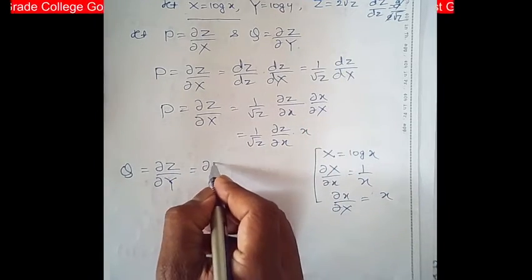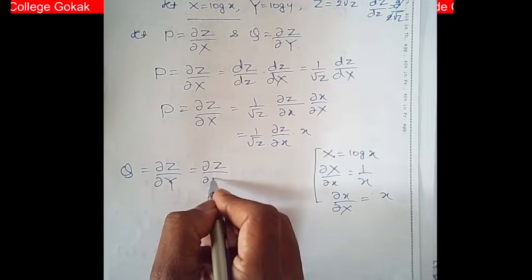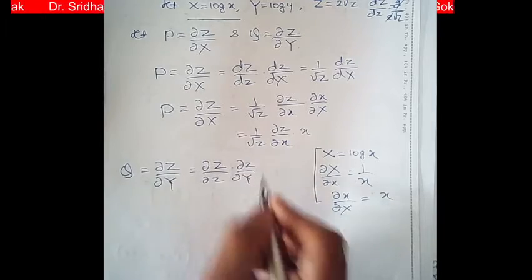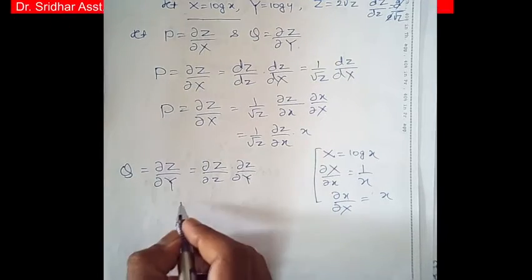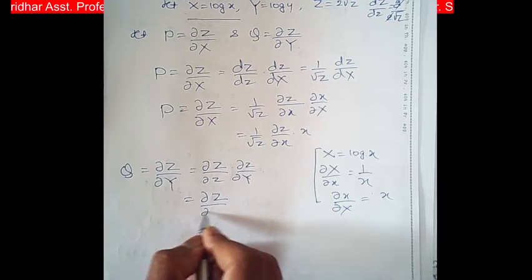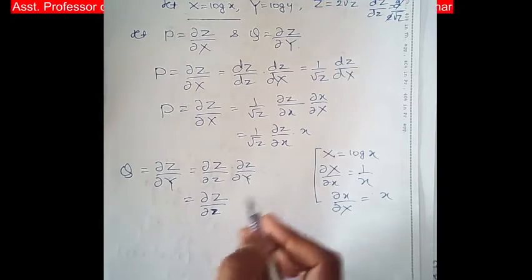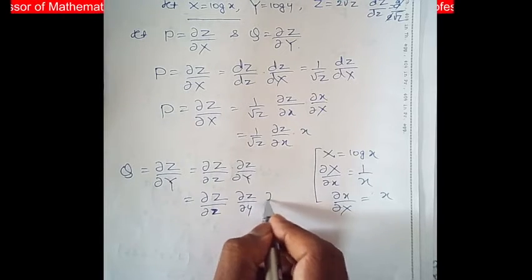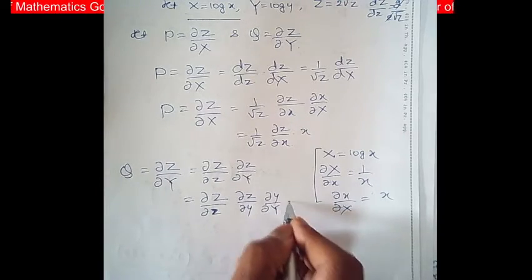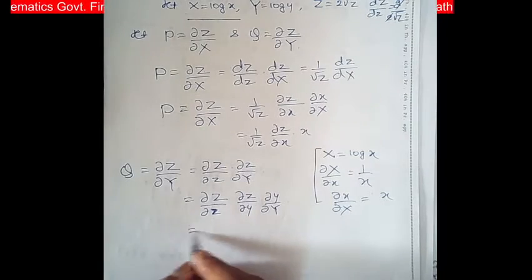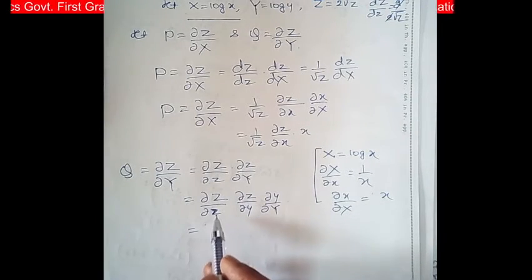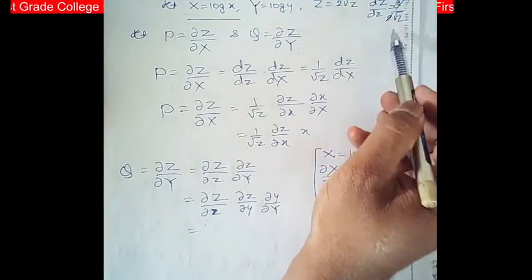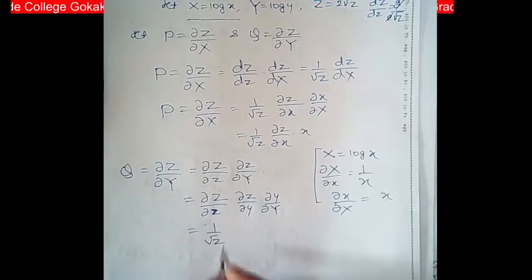So first we differentiate dou capital Z by dou small z, then dou small z by dou small y, and then dou small y by dou capital Y. Then again this is equal to dou Z by dou z. Already we found that, so dou Z by dou z is 1 by root z.